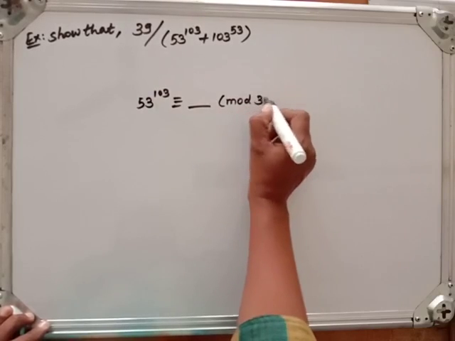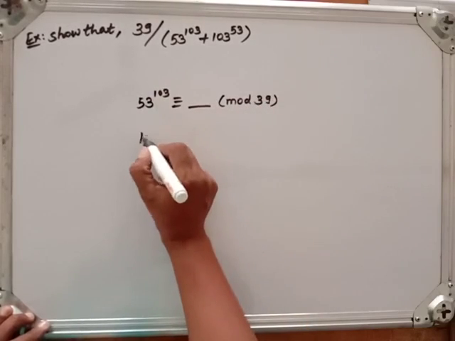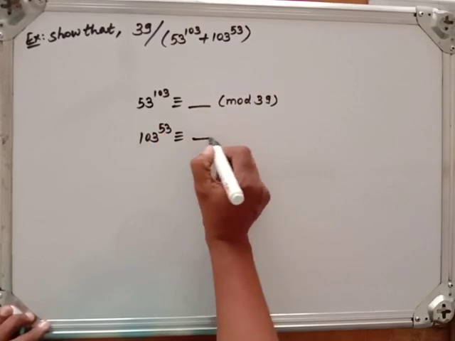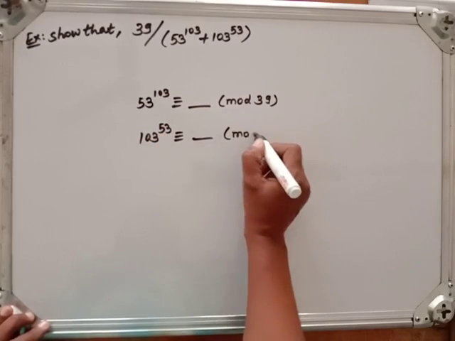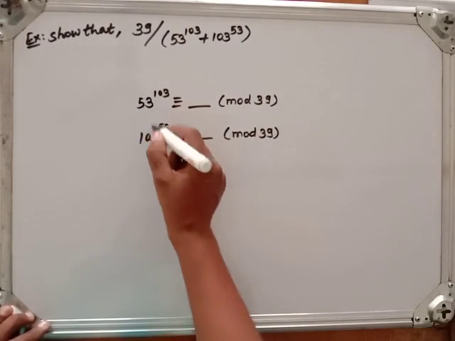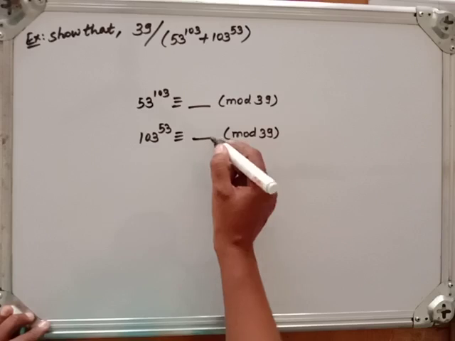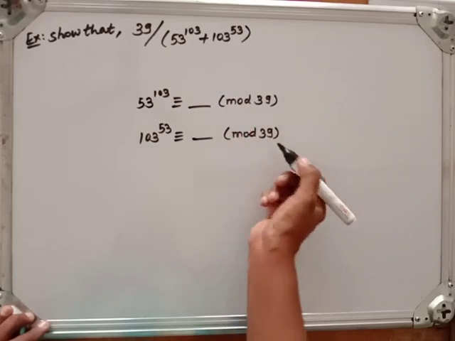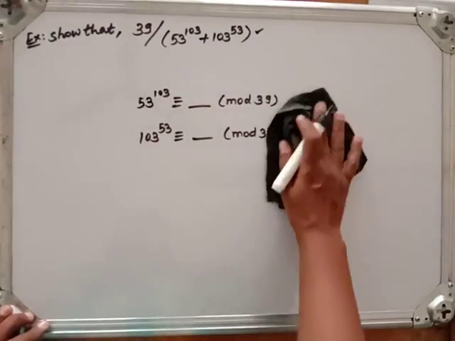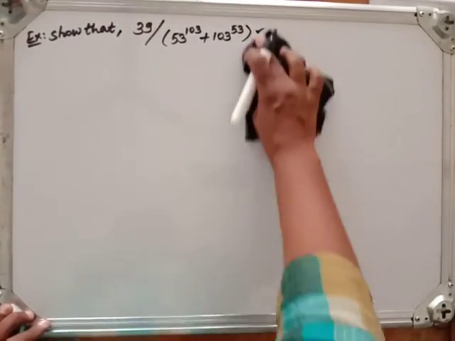This term we will find separately, and 103 raised to 53 congruent to what modulo 39. After finding these two separately, we simply have to add them, and that value should be 0. Fine. Now let us find them separately.